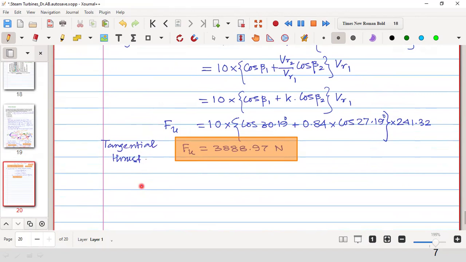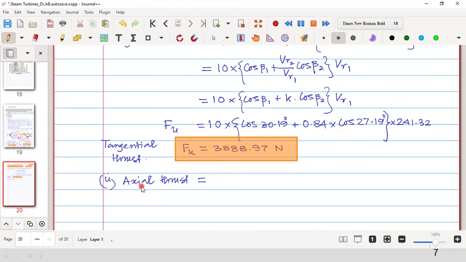Next, axial thrust. What is that? How to determine the axial thrust? Axial thrust is, as I have told, m dot multiplied by delta Vf.